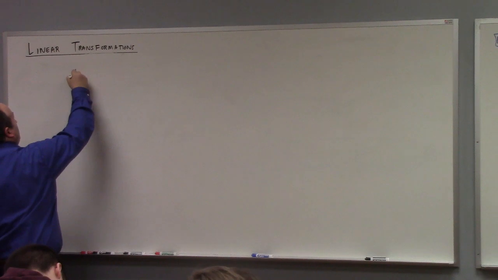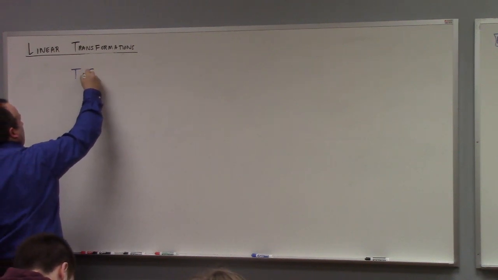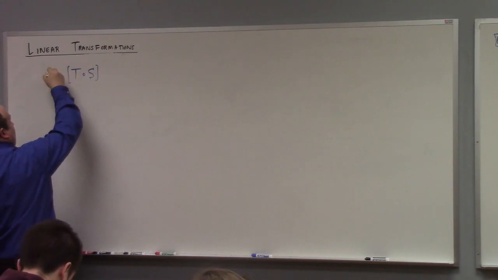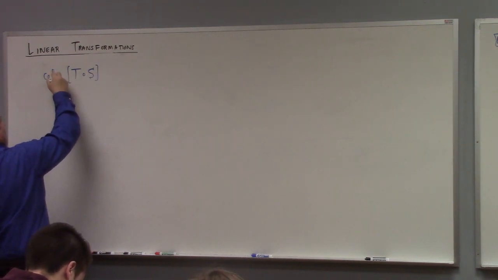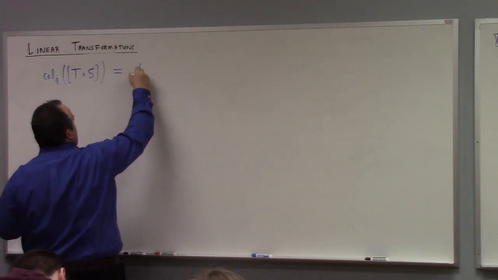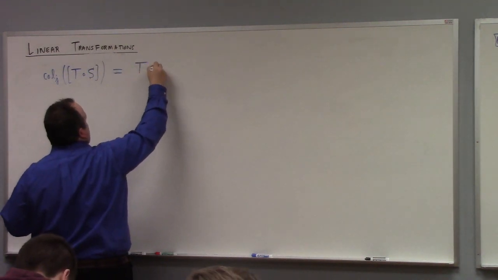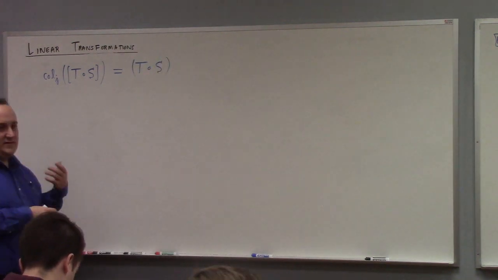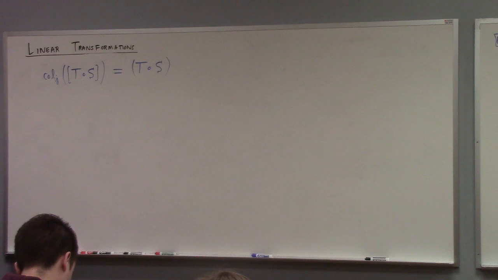So we have T composed with S, and we're trying to find its standard matrix. Let's figure out the jth column of it. What would that be equal to? T composed with S acting on what? What is the jth column of the standard matrix? You take the transformation and you feed it ej.